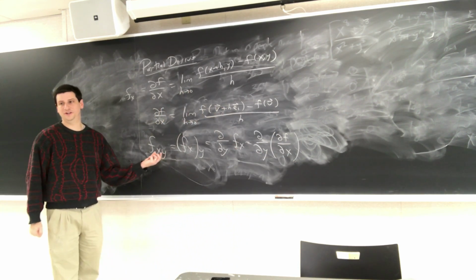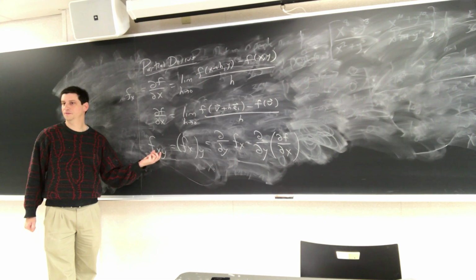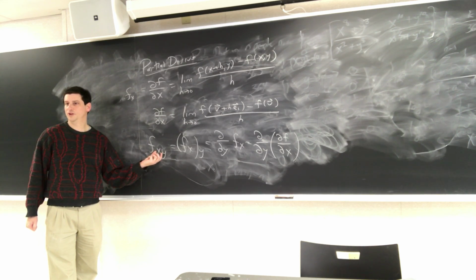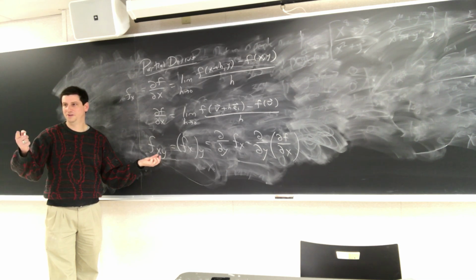If life were good, what would you like f sub xy to equal? So taking the derivative first with respect to x and then with respect to y would be the same as what if life were good? 0? Nope. f sub yx?